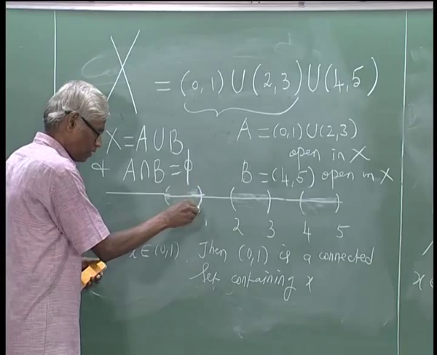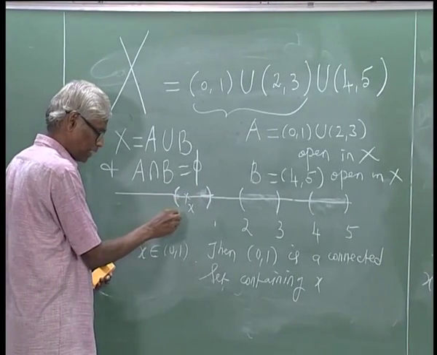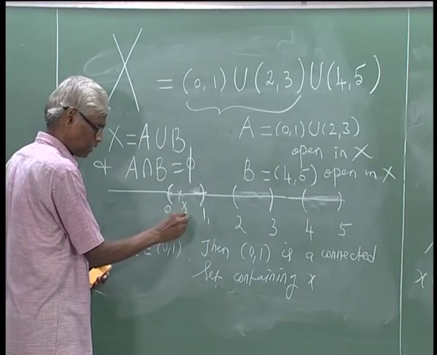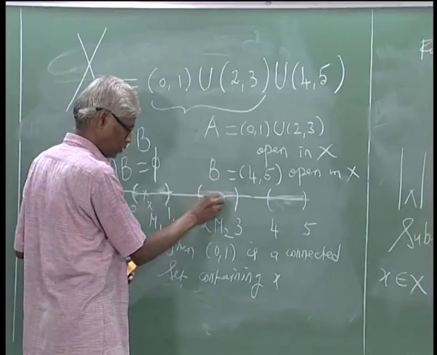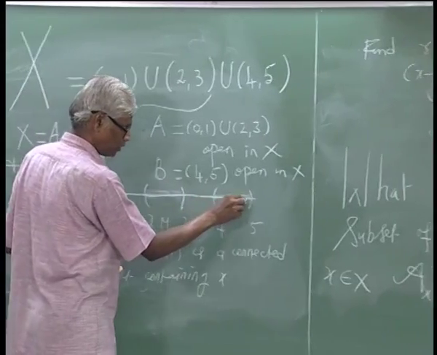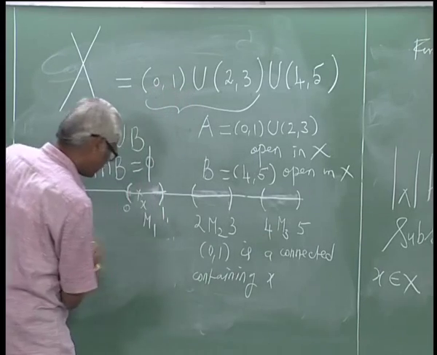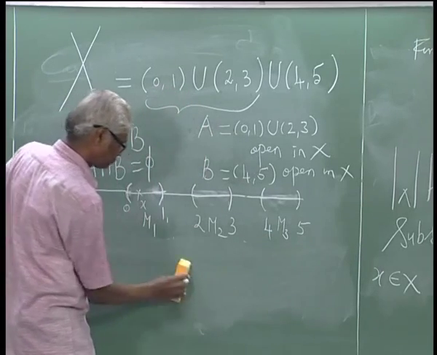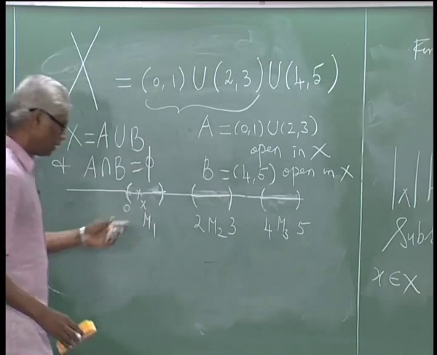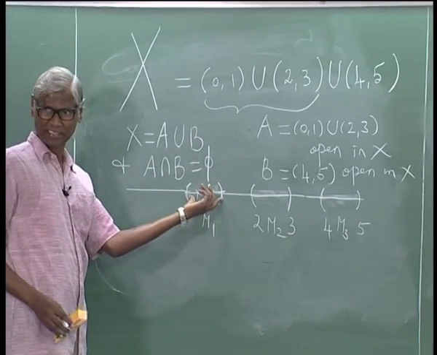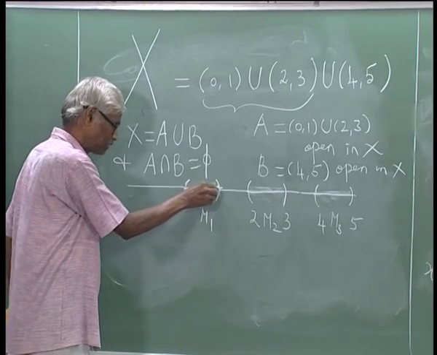So, for example, in this case what are our maximal sets? Now you take any x, this open interval (0,1), say we call it M1, this open interval (2,3) M2, open interval (4,5) M3. Now all these sets are maximal connected sets. These are all maximal connected sets containing which point?